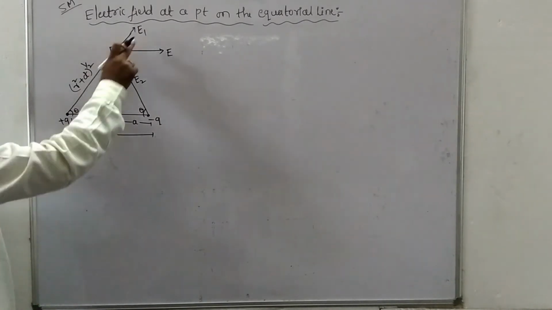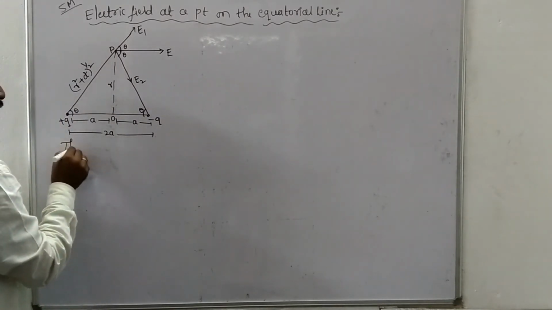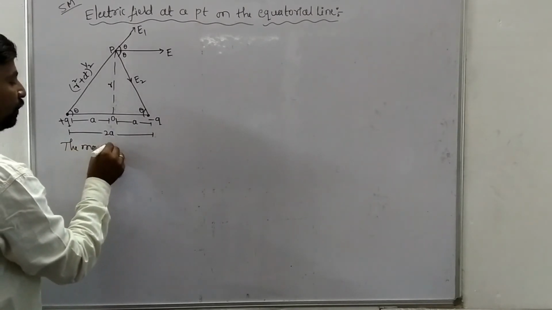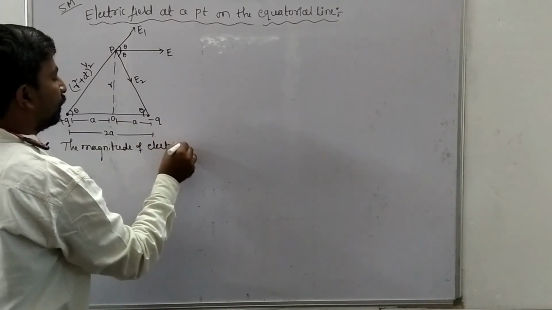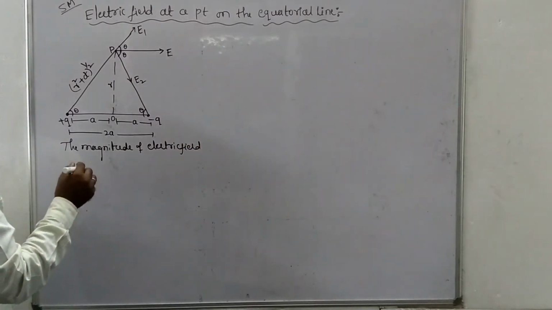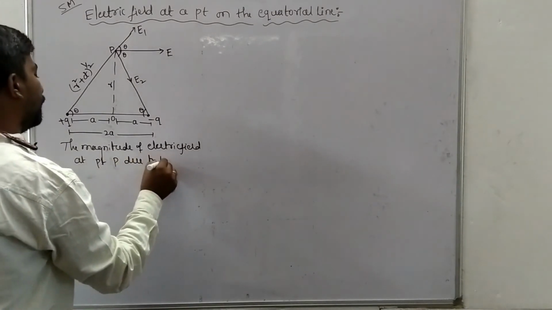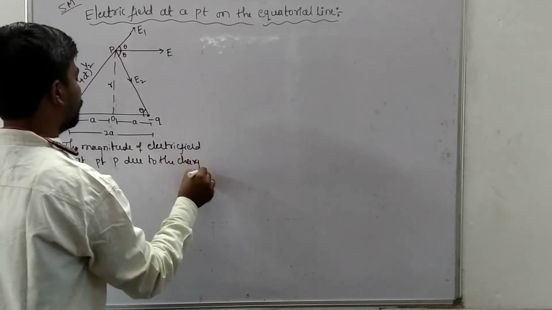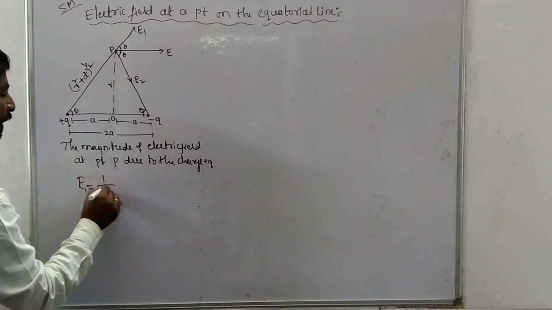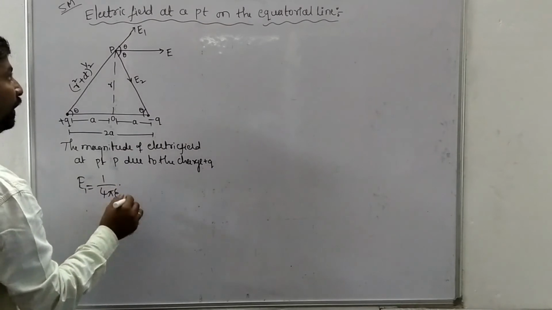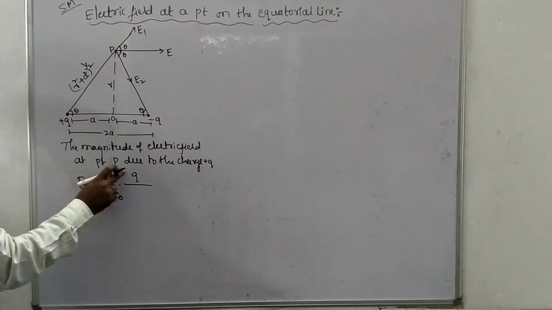Now the electric field E1 at point P due to the charge plus Q is given by: the magnitude of electric field at point P due to the charge plus Q. So we can write E1 is equal to 1 by 4 pi epsilon naught into Q1 Q2 by r square.